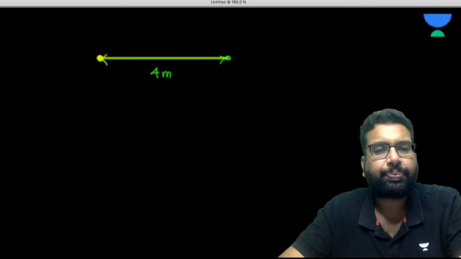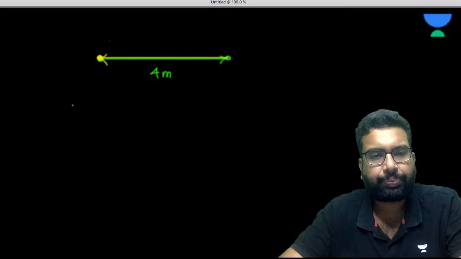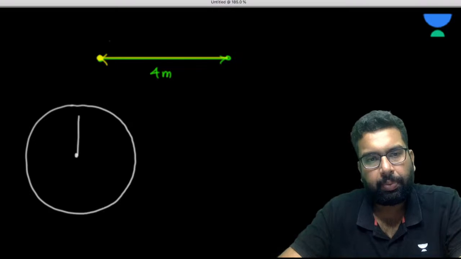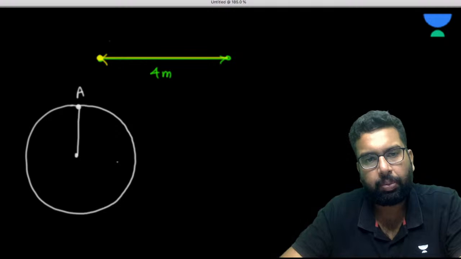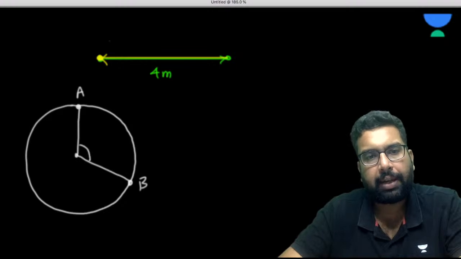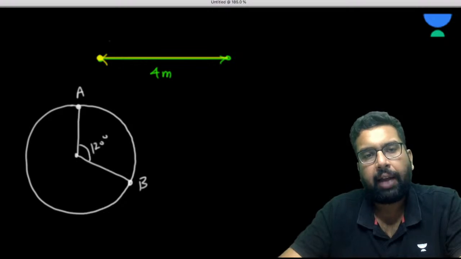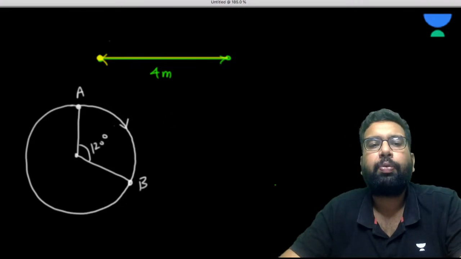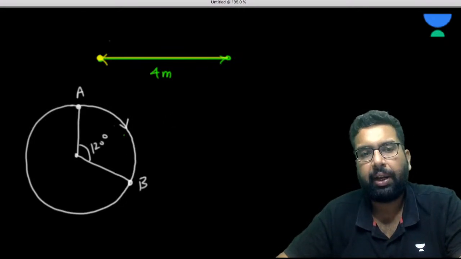Let's see, let's suppose we have another. Let's suppose we have this point A. This is your initial point. B is your final point, and the angle between them is 120 degrees. The actual path followed is AB.